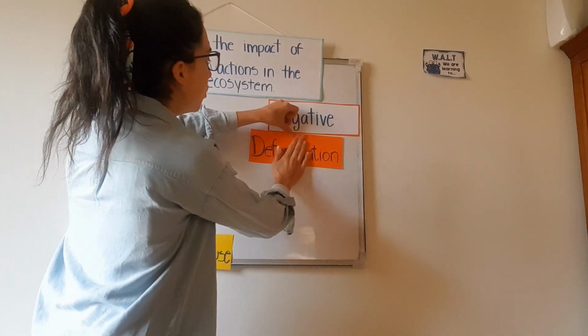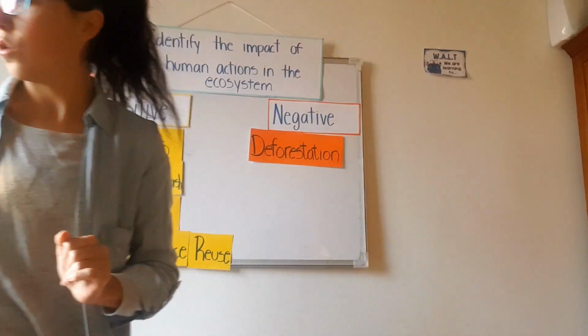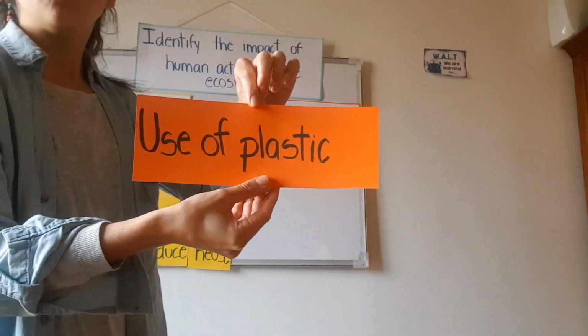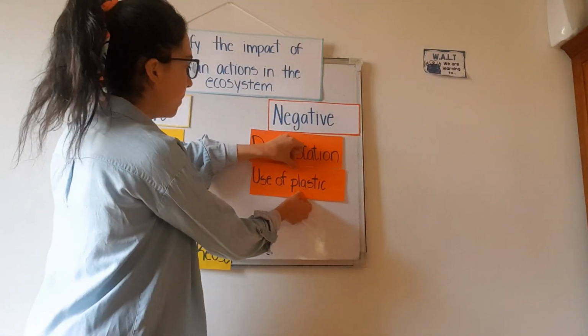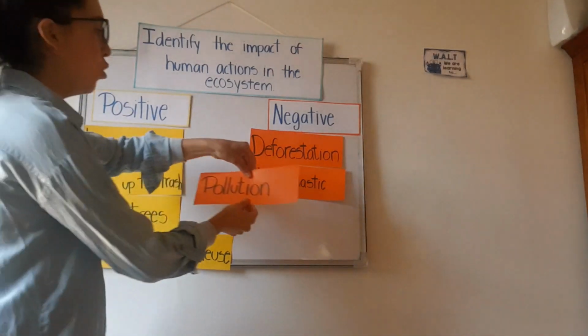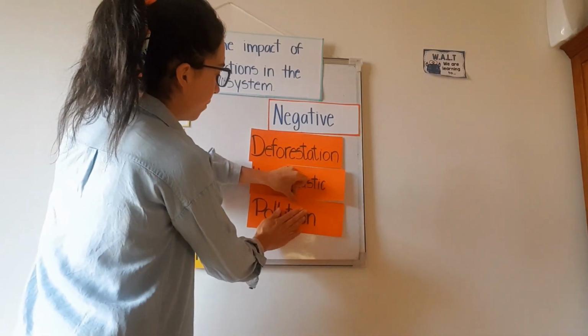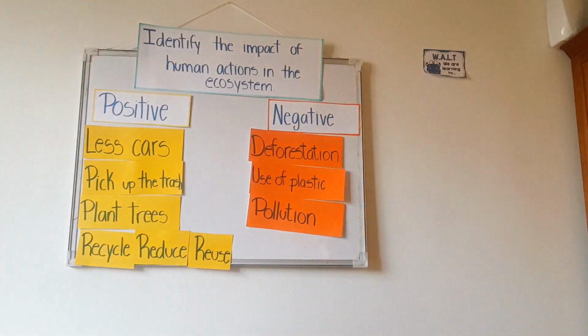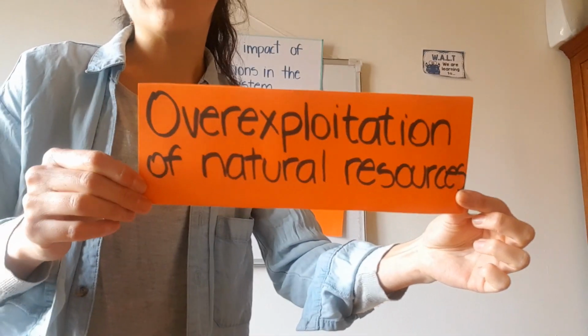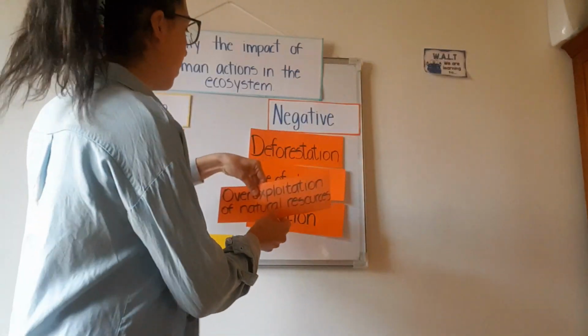I know that these are new words, but don't worry, we're going to go through them. Another one may be the use of plastic. A third one, pollution. A fourth one, the overexploitation of natural resources.